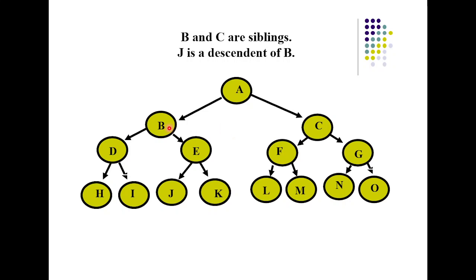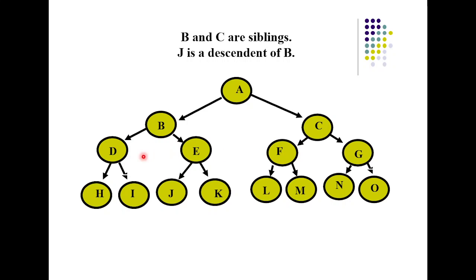Here we can see that B and C have the same parent, that is A. So we call B and C siblings. Any two nodes which have the same parent are called siblings.